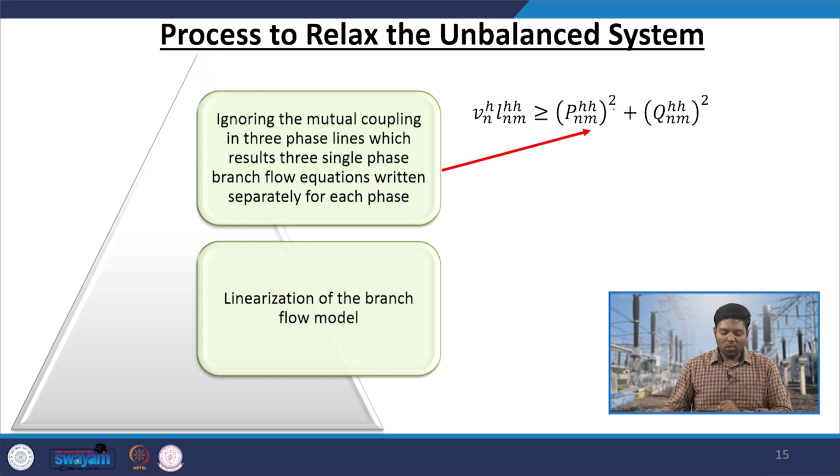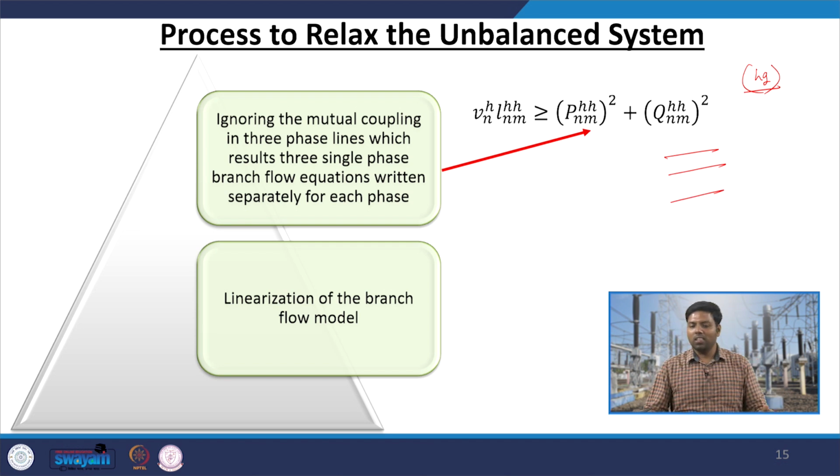The first way out: you separate the 3 phases, that means you neglect the terms which have mutual coupling. If you neglect all the mutual coupling, then the 3 phases become 3 separate phases.